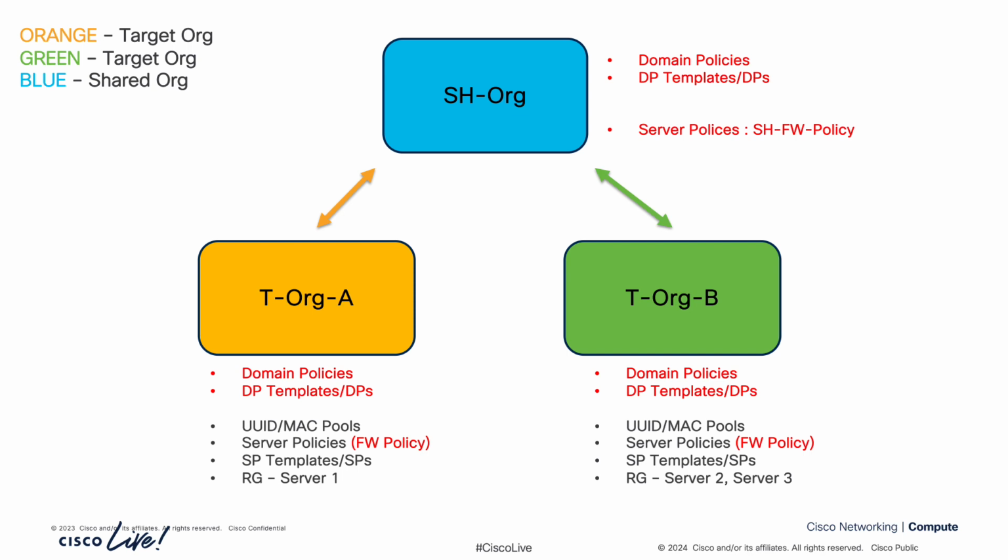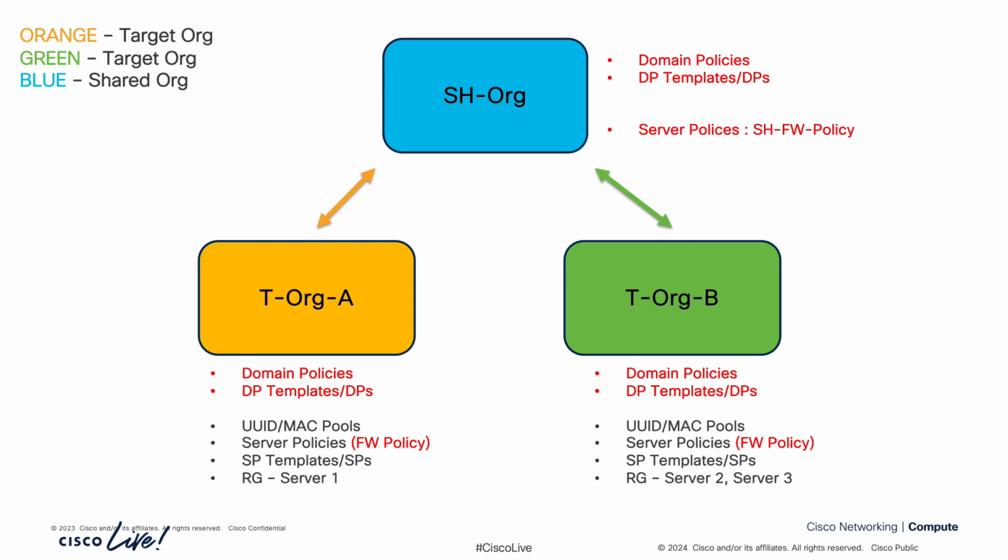Now, if you're creating net new, you can just create everything in the shared org, of course, and then derive down the domain profiles from the template, which remains in the shared org. In this particular use case, we're desiring to control everything from the shared org. You certainly can keep things down here at the target orgs and keep different administrators in charge of those with RBAC accordingly.